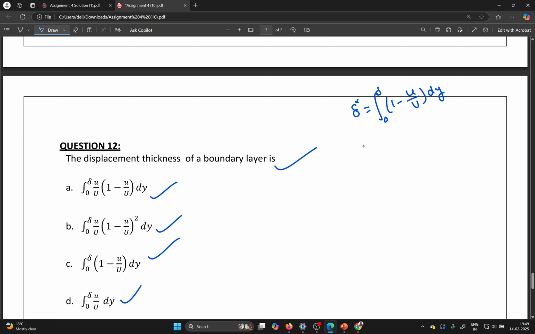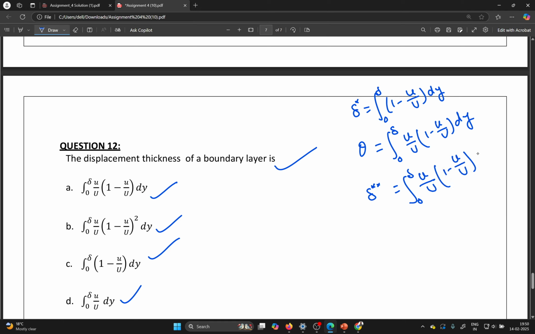And the energy thickness is the integral from 0 to delta of u by capital U times (1 minus (u by capital U) squared) dy.